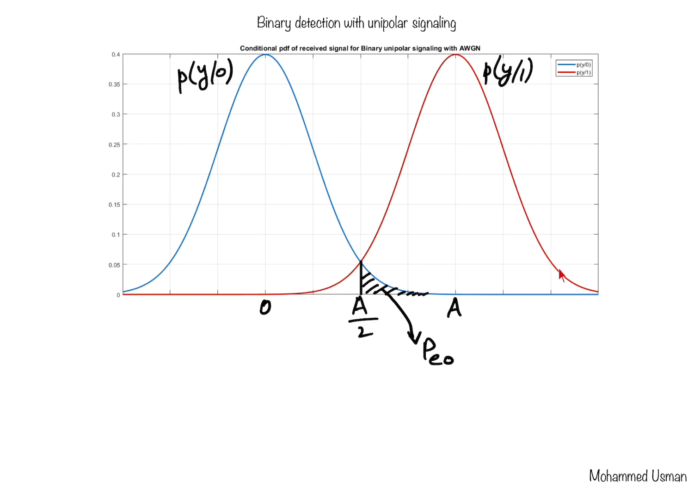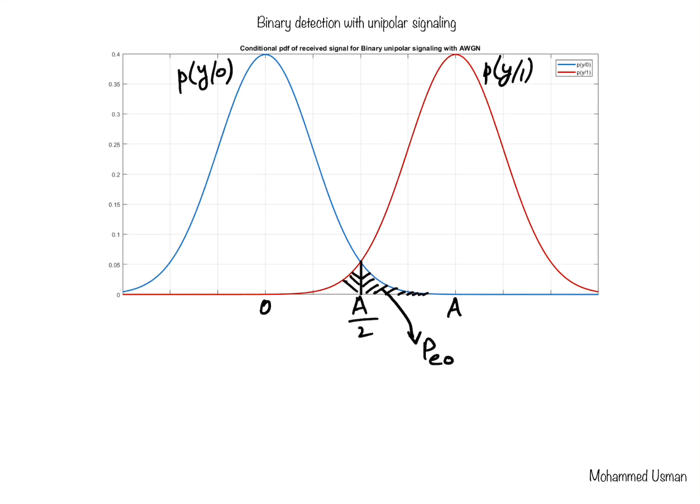Similarly, we could have transmitted a 1 and the received signal ends up being less than the threshold and the receiver thinks it's a 0. So the area under the Gaussian PDF for the received signal when 1 is transmitted, which lies to the left of the threshold, denotes the error probability for a binary 1.